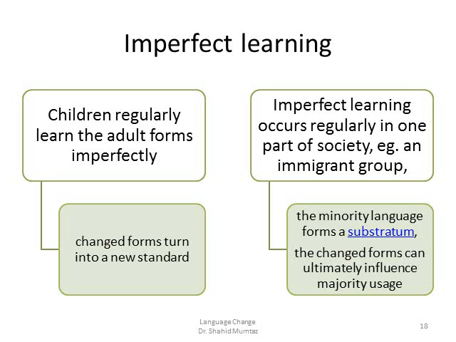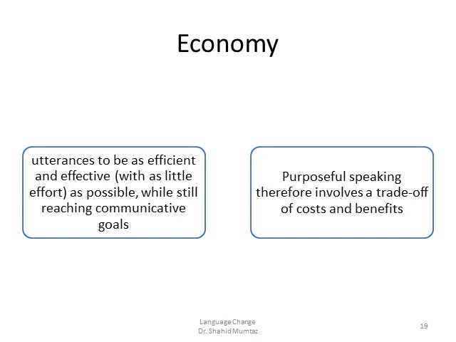Alternatively, imperfect learning occurs regularly in one part of society, such as an immigrant group, where the minority language forms a substratum, and the changed forms can ultimately influence majority usage. Speech communities tend to change their utterances to be as efficient and effective with as little effort as possible, while still reaching communicative goals.